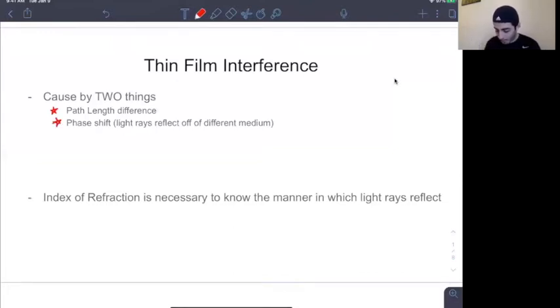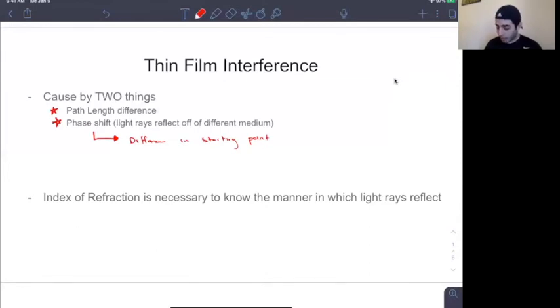So we usually know that the phase shift is caused by the differences in the starting points, right? That's usually how we've conceptualized the phase shift. But in terms of thin film interference, it's actually caused by the reflection off of certain media, and we'll touch on that later.